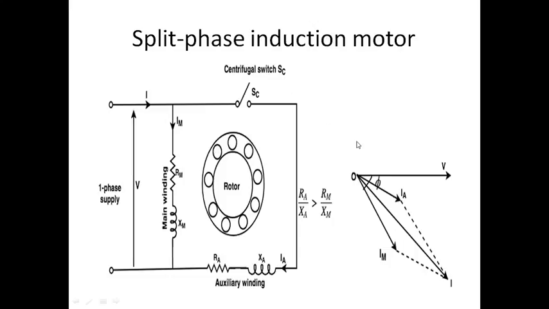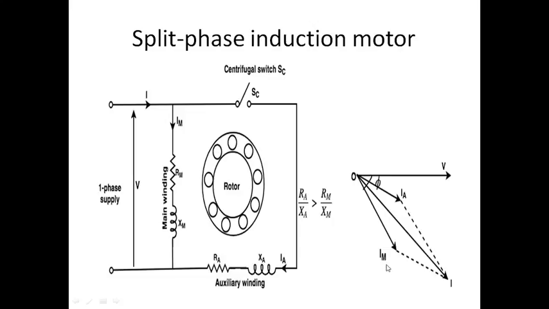The torque equation is T equals IM into IA into sine phi. This is your angle phi. For this split phase induction motor, this angle will be 25 to 30 degrees. Starting torque will be very less in this split phase induction motor.